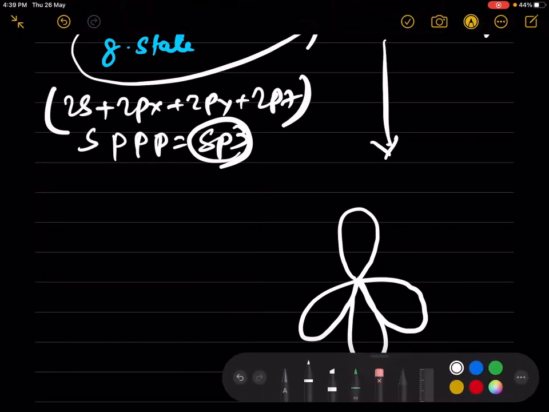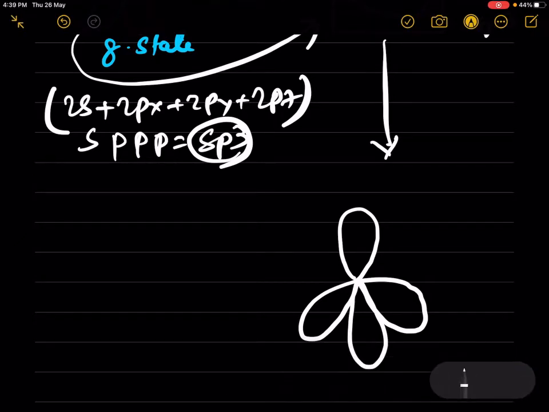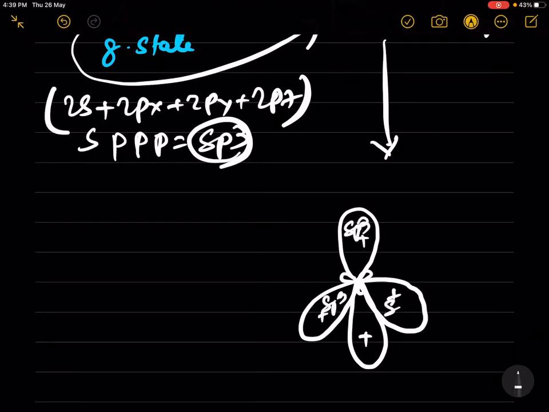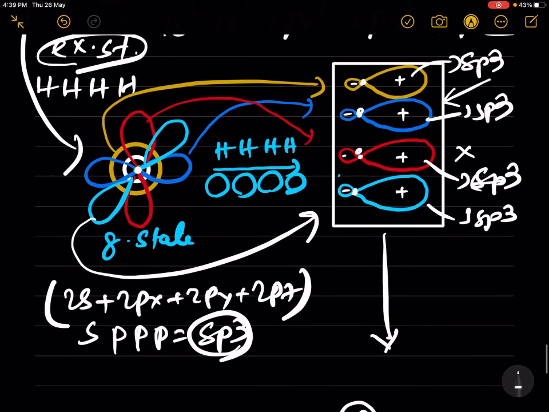Here at the center you will find the nucleus, and the smaller lobes are like this. These are positive, positive, positive, positive. These are all sp3, sp3, sp3.